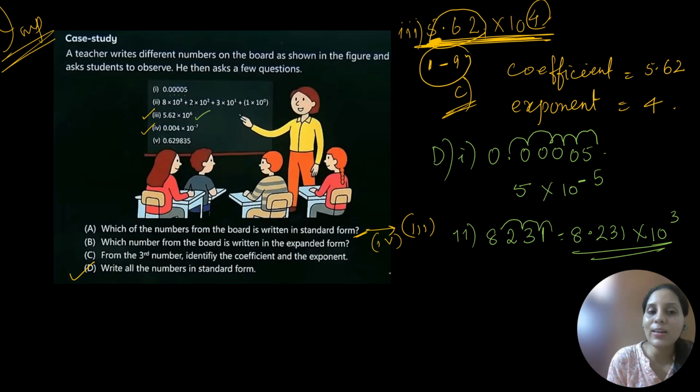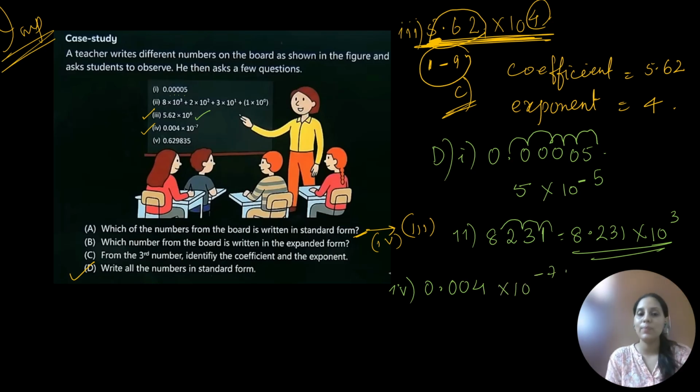Third one is already in the expanded form. Fourth one. What is the fourth question? 0.004 into 10 power minus 7. This is very, very important. अब हमारा decimal should come after 4. So 1, 2, 3. So 4 into 10 power 3 steps का है.